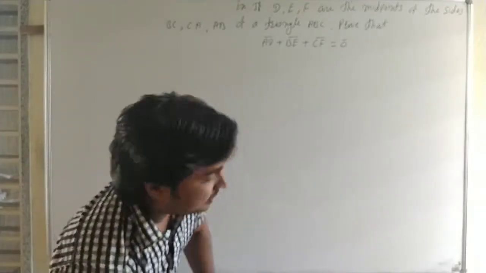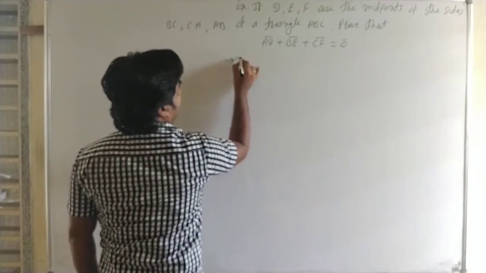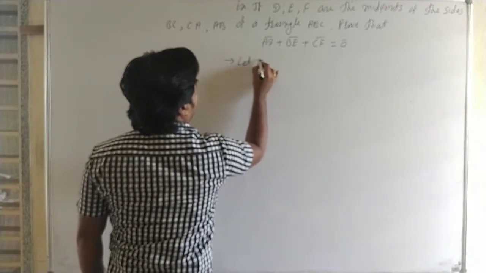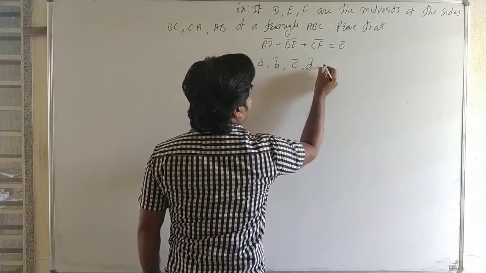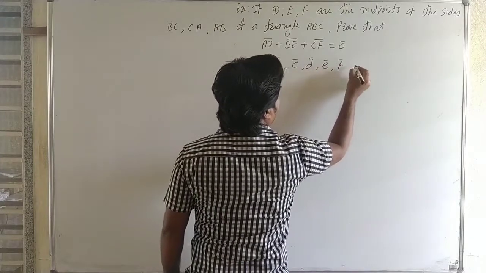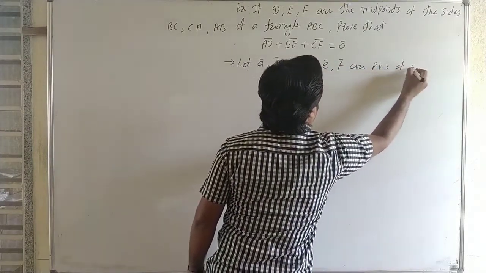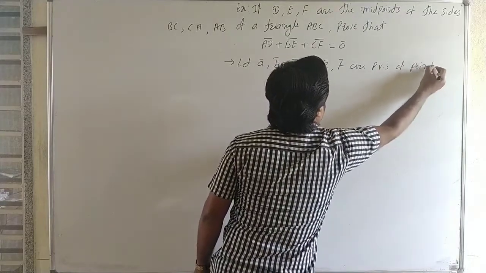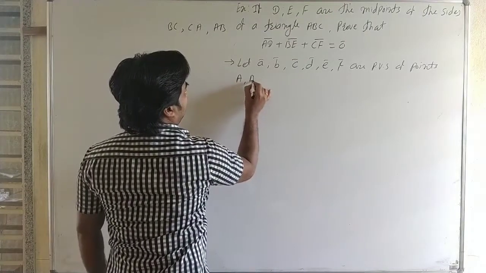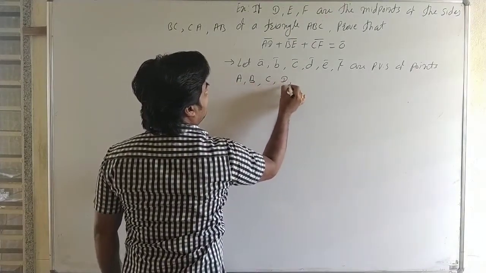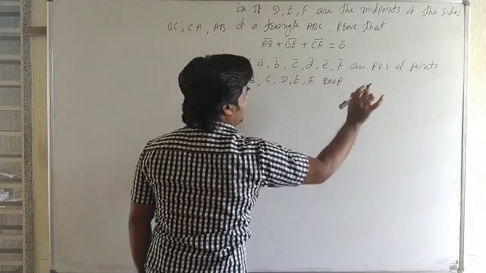Now here, first we write the position vectors of all points. Let A bar, B bar, C bar, D bar, E bar and F bar be position vectors of points A, B, C, D, E and F respectively, with respect to origin.